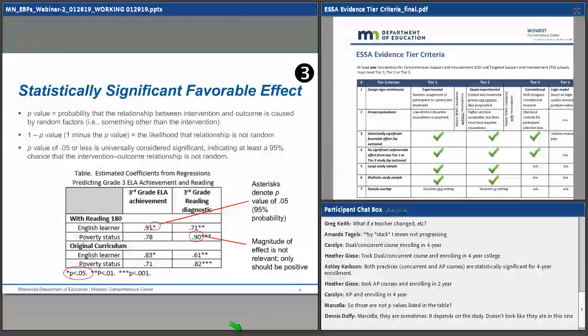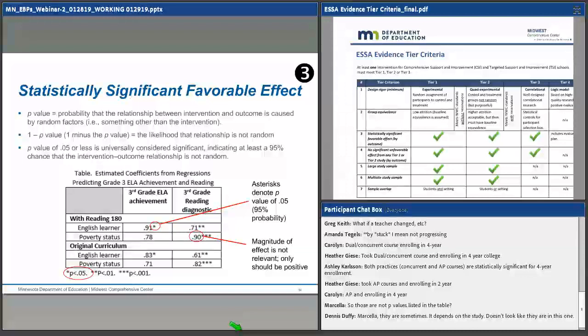Here you see 0.90 circled in this results table, but the magnitude is not relevant, right? What's relevant for our purposes here is that you don't have a negative symbol, right? That the relationship is positive, and you see that 0.91 in this table is positive, and that the asterisks denote a statistical significance that is 0.05 or less.